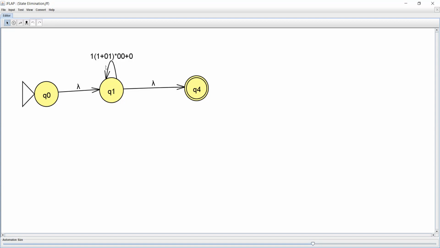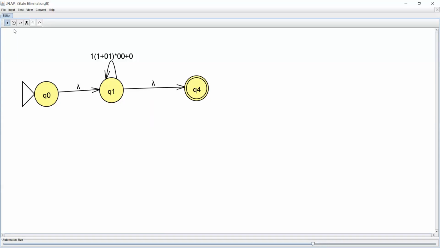So this loop term has to multiply with the outgoing transitions. How many outgoing transitions does Q1 have? Only one, Q1 to Q4, which is lambda. Lambda will be considered like an epsilon itself.